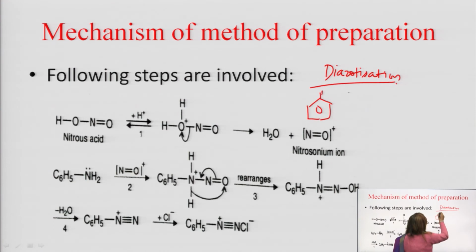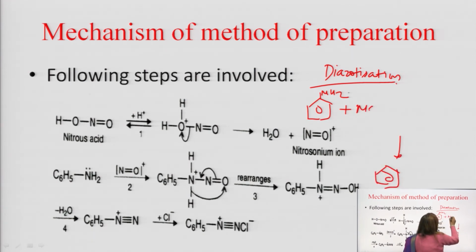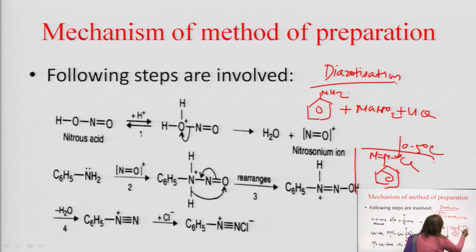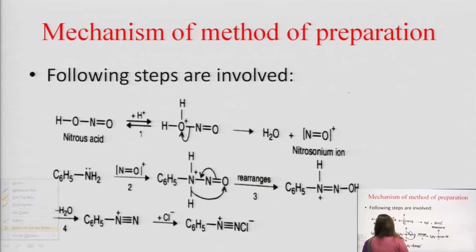In which aniline is converted to diazonium salt. How? NaNO2, sodium nitrite, treated with HCl at a temperature of 0 to 5 degrees Celsius. Then what is occurring? NaCl forms. This is arene diazonium chloride. So, this is the method of preparation for diazonium salt.